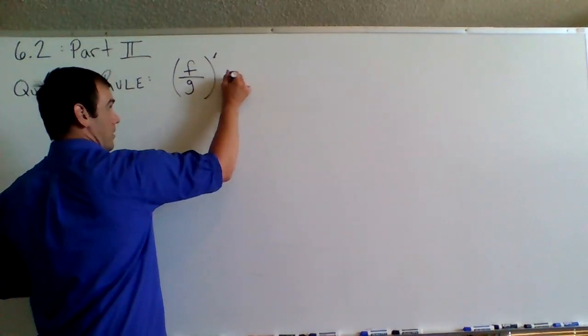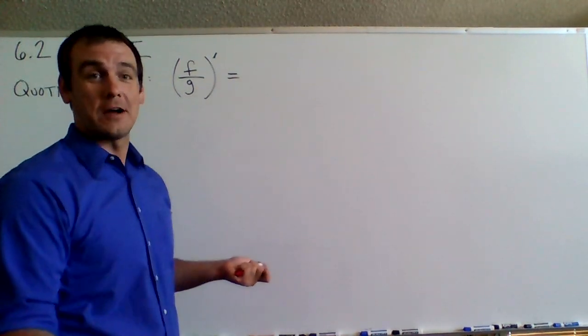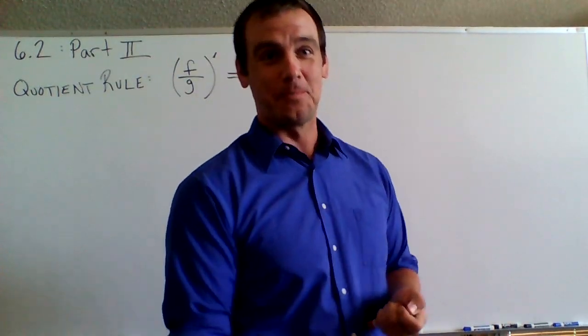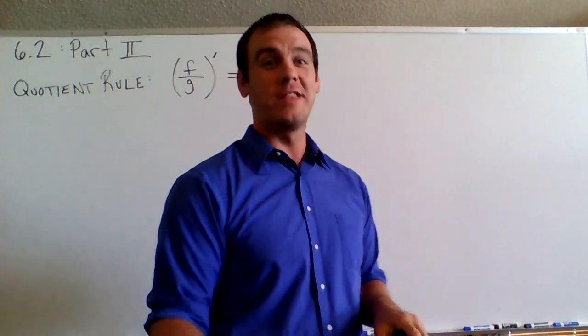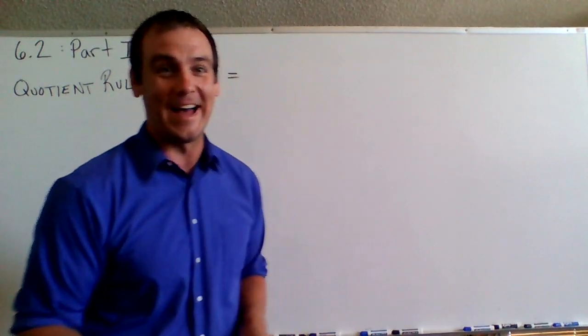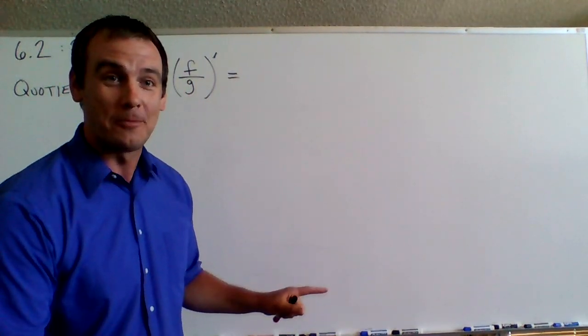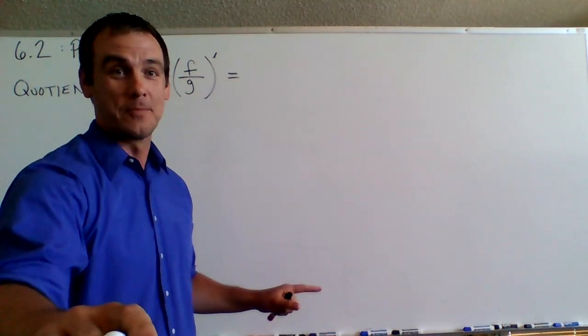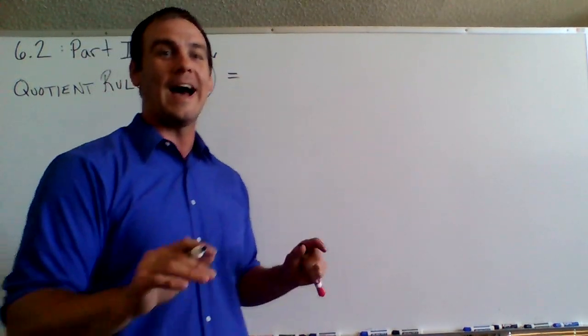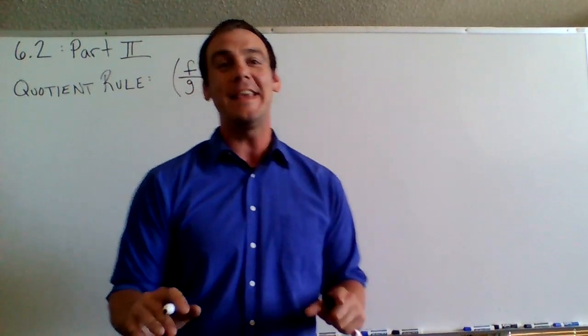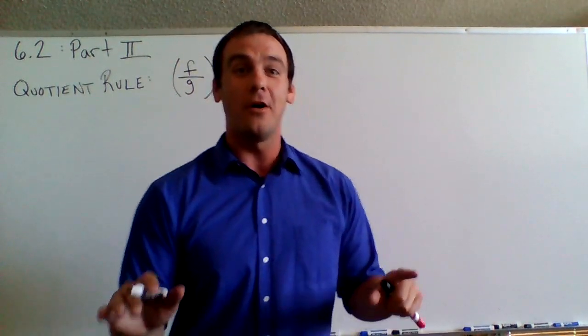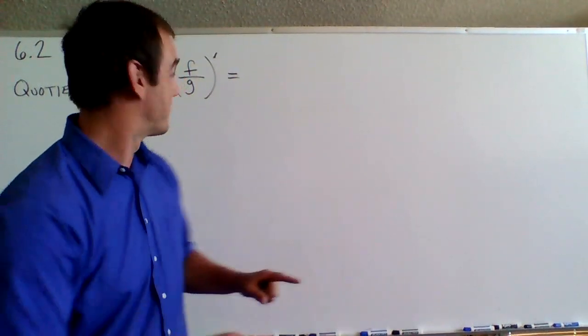It's going to equal, now this is where I always teach low d high. Low d high minus high d low all over the square below. Okay, say it with me now. Low d high minus high d low all over the square below.